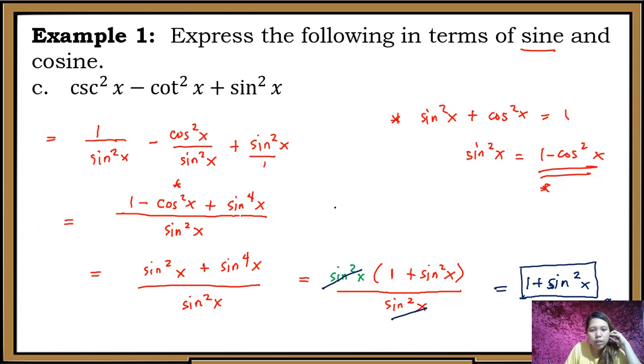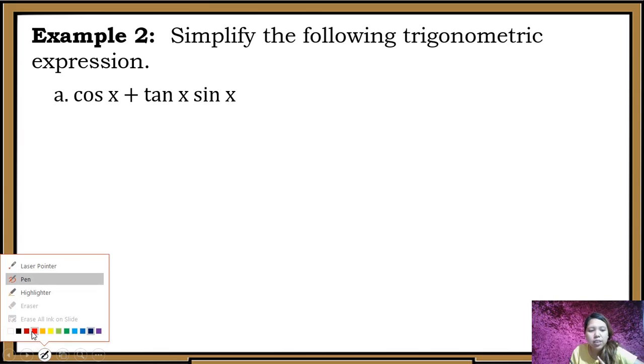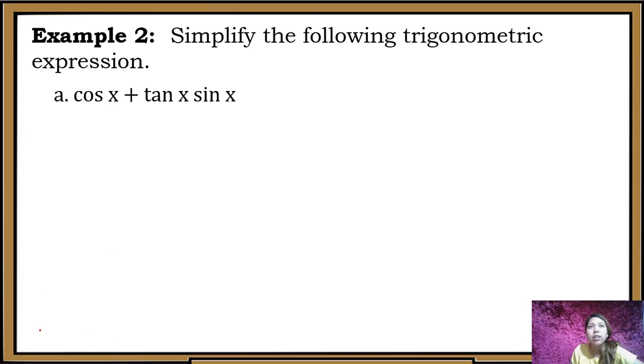So what we did today, we look for the LCD. Then we simplify. Alright, so let's simplify again, letter A. Same thing, just use some trigonometric identities to simplify and later on to prove and verify trigonometric identities. So we need to rewrite our tangent, since cosine and sine are the basic trigonometric functions.